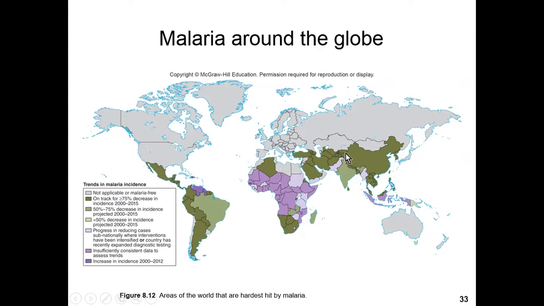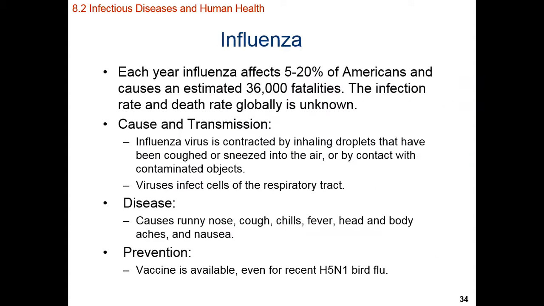In the green areas, the darker the green is, the sharper the decline in malaria is going to be. And then finally, if the area on the globe is gray, there is either no malaria or there's no data concerning the amount of malaria because it's not applicable. The rates of malaria are so low.